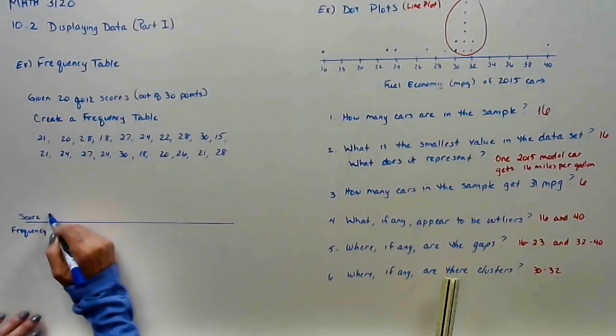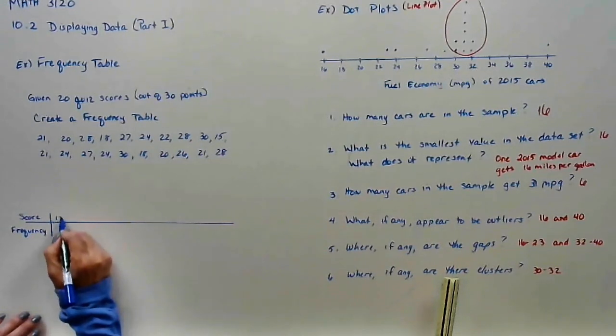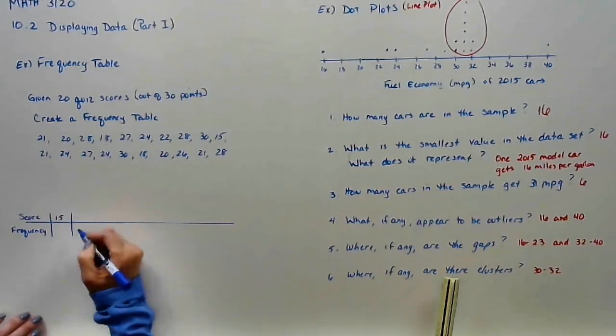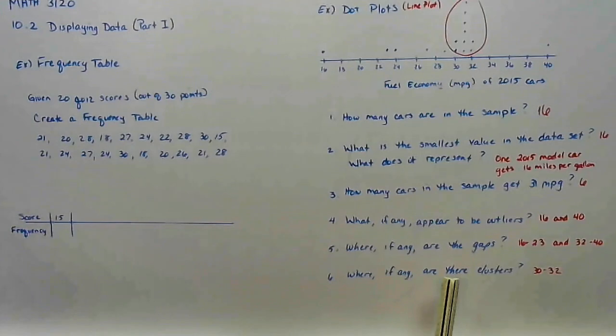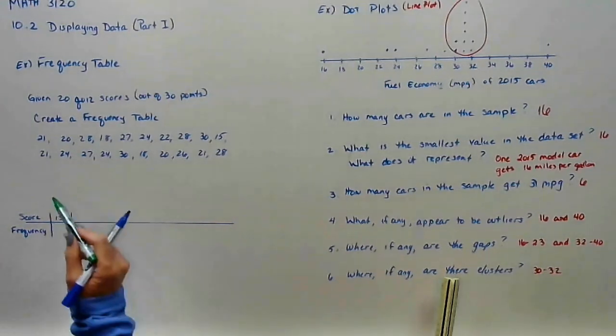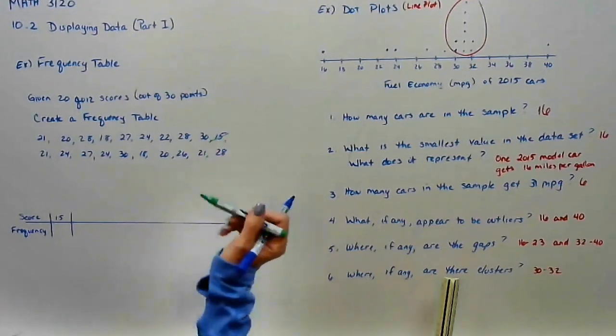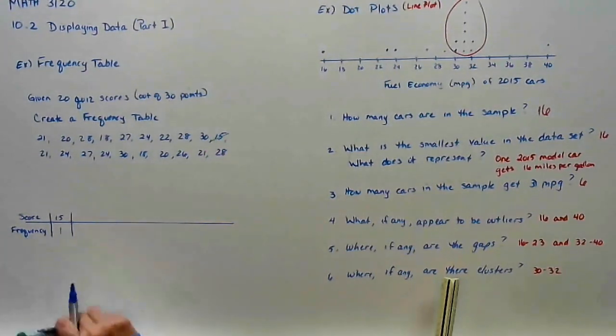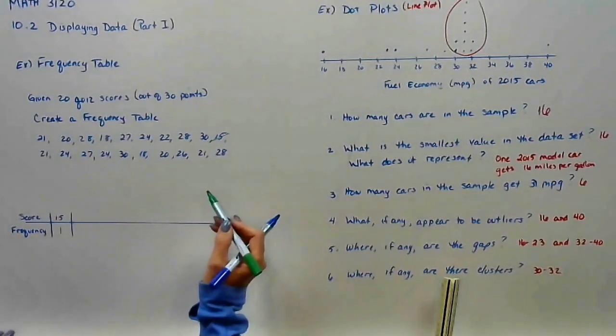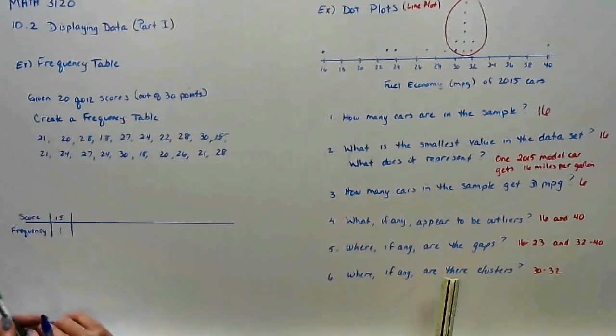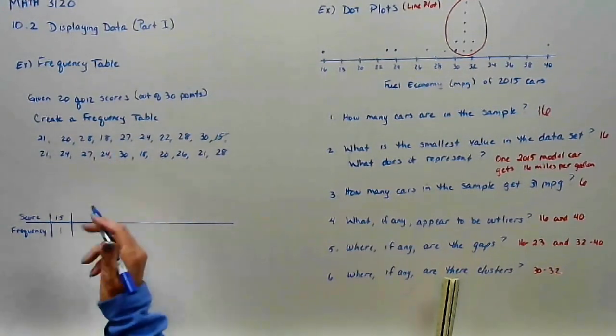So I'm going to first start off with a score of 15. That seems to be my lowest score. Looking through here, the lowest number I have is 15, and it looks like I have one of those. And then what's the next lowest score we have in our data set? The next lowest score looks like 18.